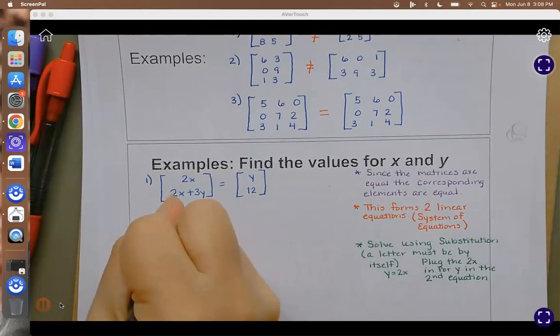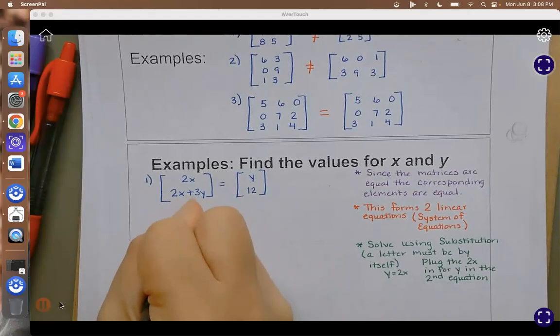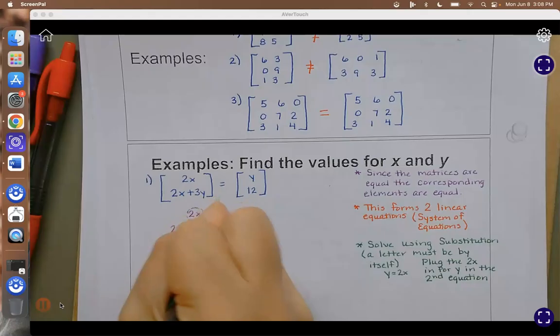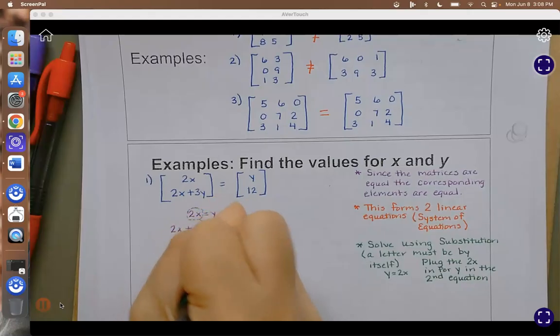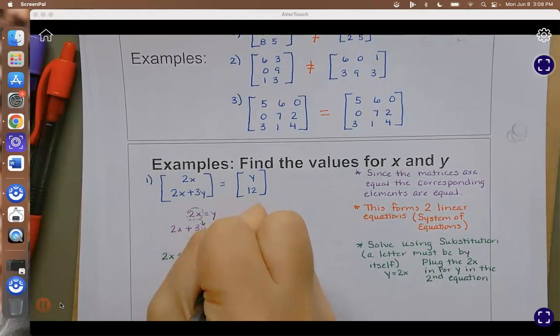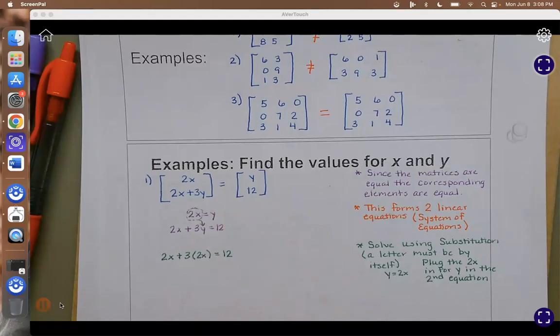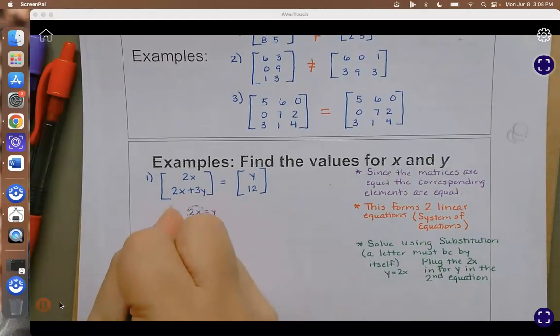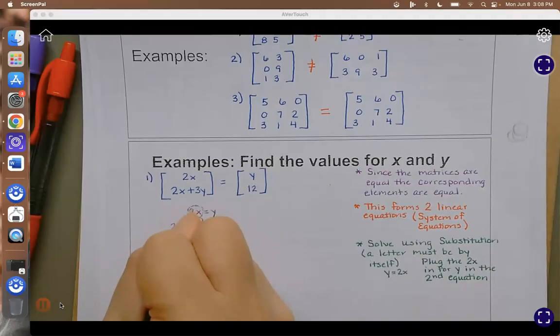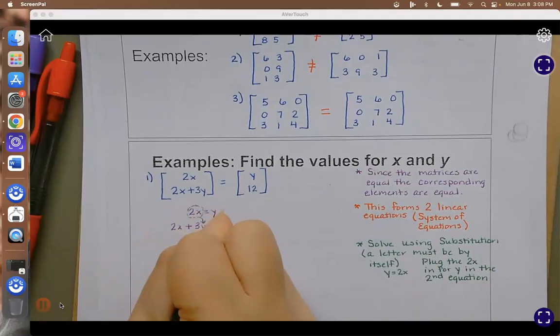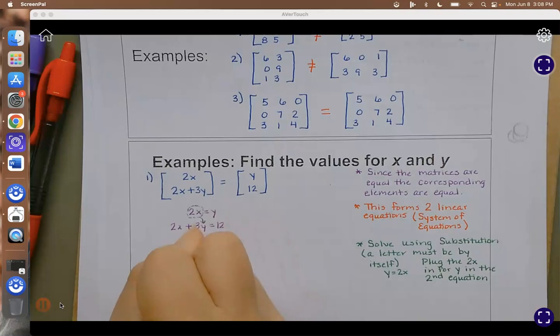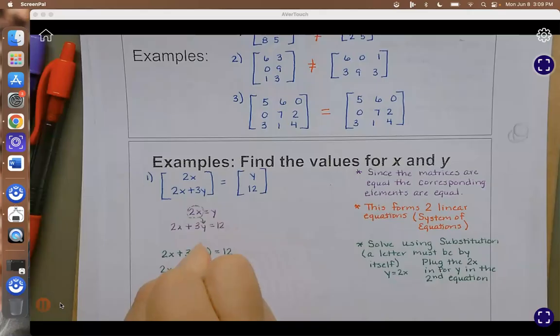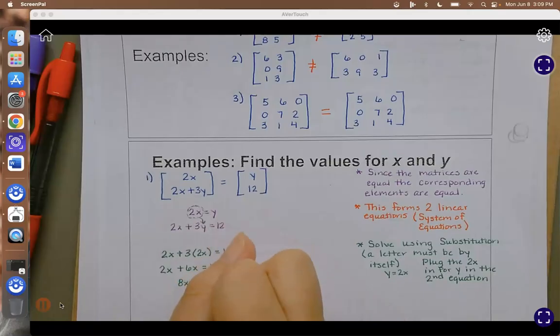So what that means is we're going to take this 2x plus 3, take out the y, and plug in 2x. So 3 times 2x is 6x. 2x and 6x is 8x. 12 divided by 8, if you use your calculator, is going to give you 1.5.